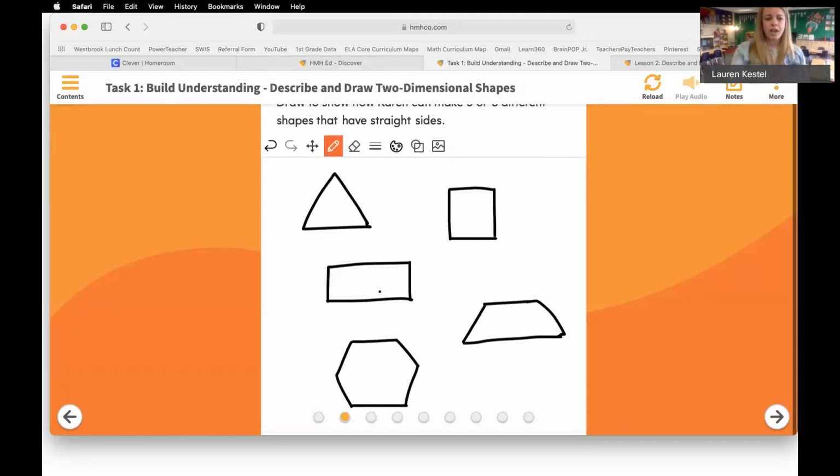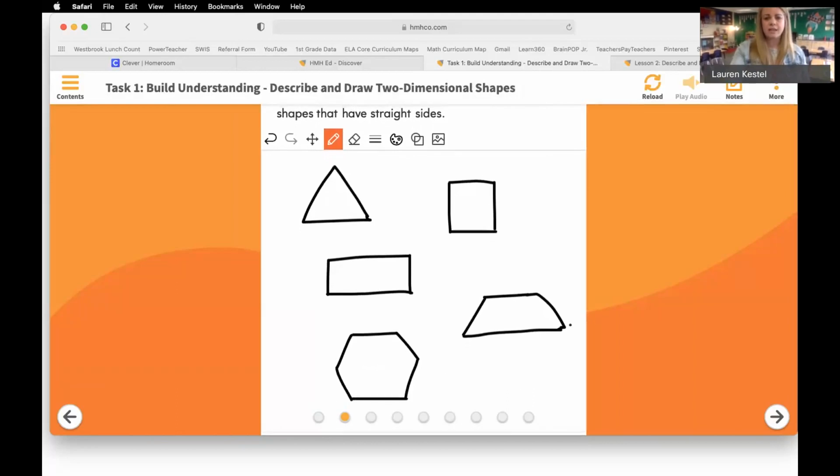All 5 of these shapes have straight sides and none of them are curved. A triangle, a square, a rectangle, a trapezoid, and a hexagon all have straight sides.